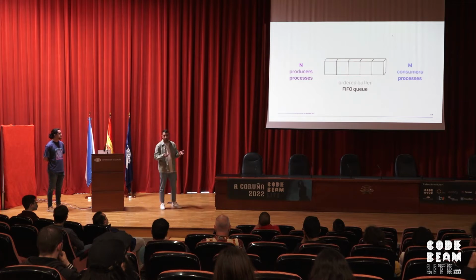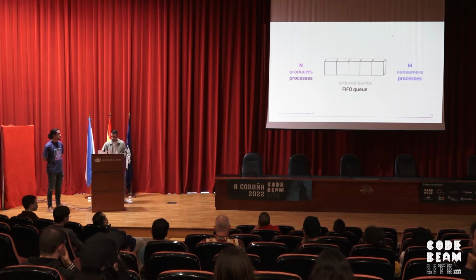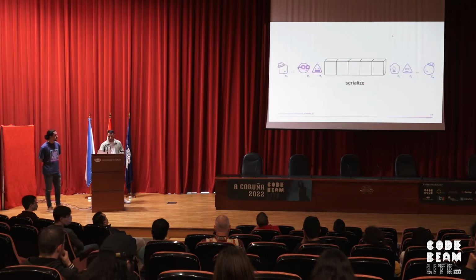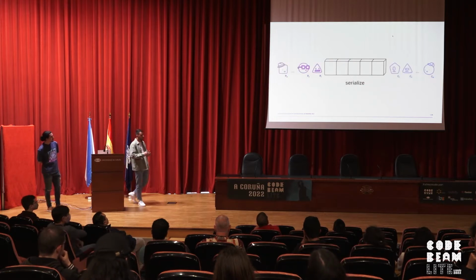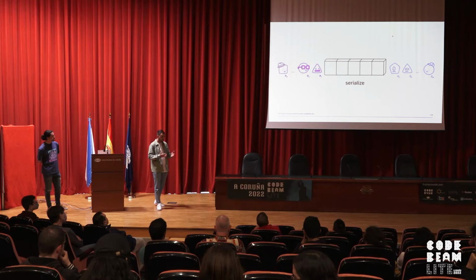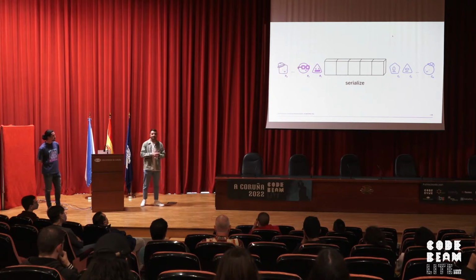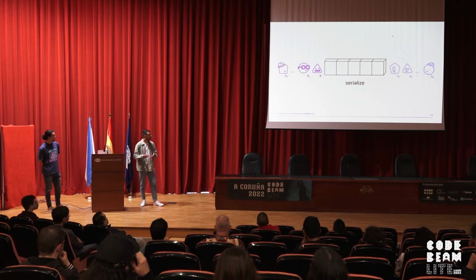And we also need to ensure the ordering. We will be talking about a FIFO queue. So maybe the easiest way to fulfill these properties is to serialize the access to the data source.